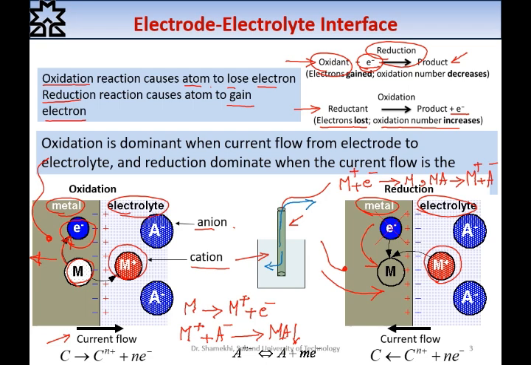Therefore, reduction dominates when the current flows from the electrolyte to the metal.